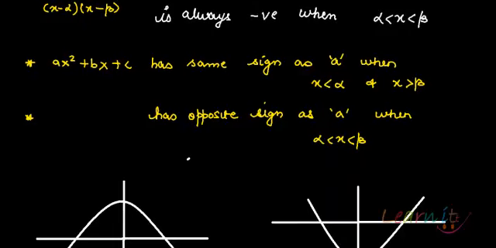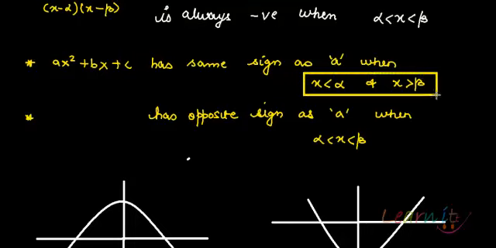So now try to understand what will be the shape of your parabola. Now ax square plus bx plus c has the same sign as a when x is less than alpha and x is greater than beta.